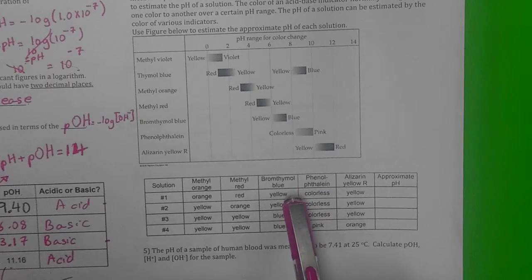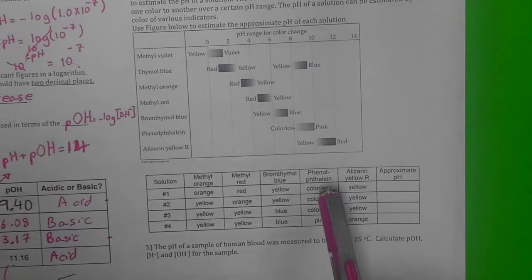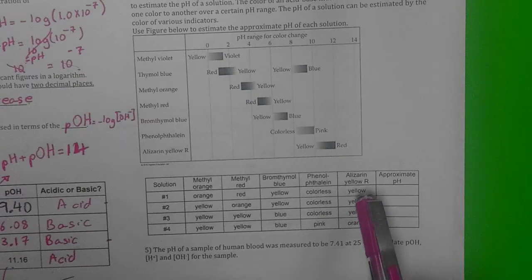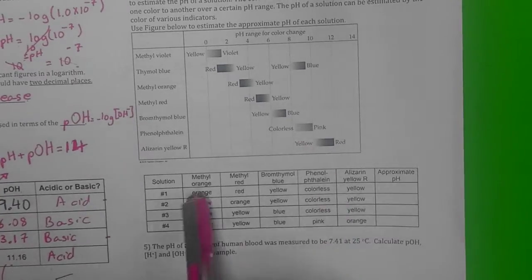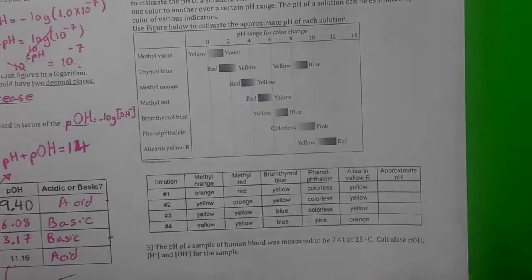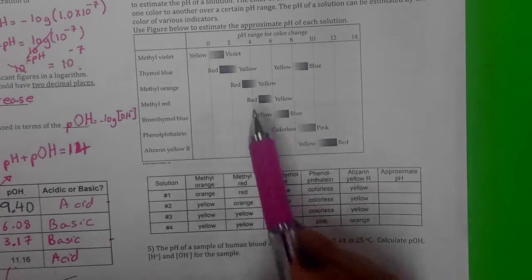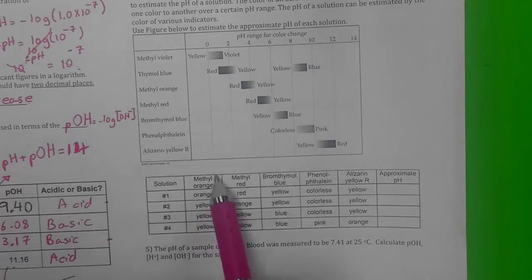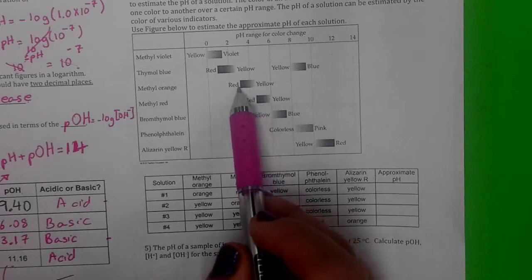Bromothymol blue is yellow, so I'm looking for bromothymol yellow. So less than 4 still works. Phenolphthalein is colorless, and alizarin is yellow, so that's yellow. So all this kind of points to pH being less than 4. But let's see if we can narrow it down. Methyl orange is orange. So what does that mean? That means it's not red, it's not yellow, it's somewhere in between.